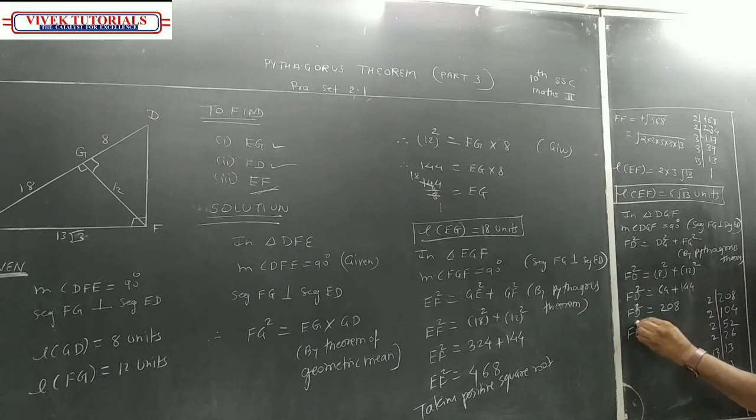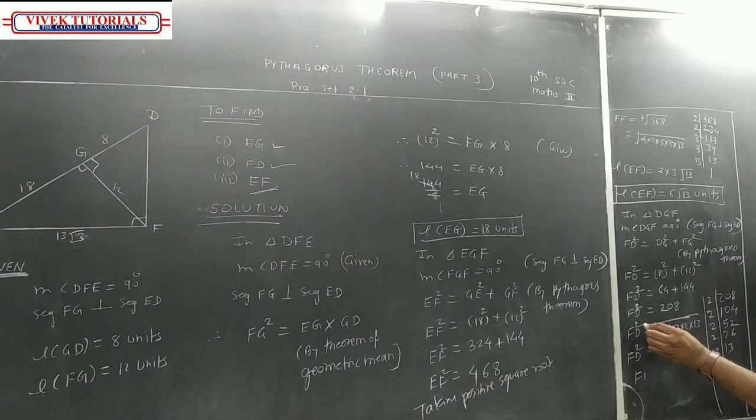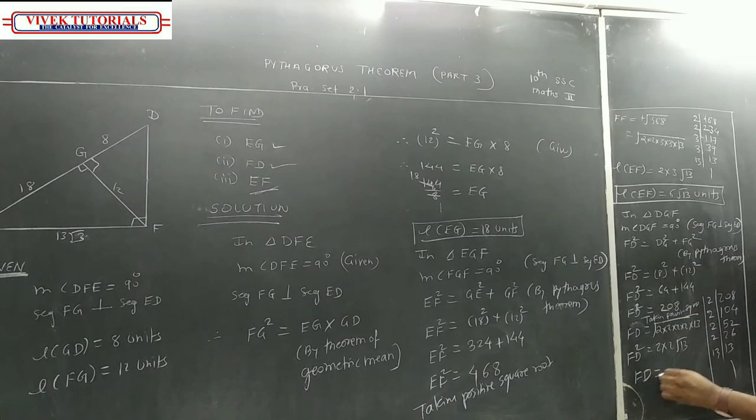So FD square is 2 into 2 into 2 into 2 into 13. Oh sorry, I made a mistake. Here we are going to write taking positive square root. So FD is equal to 4 root 13 units. This is your final answer.